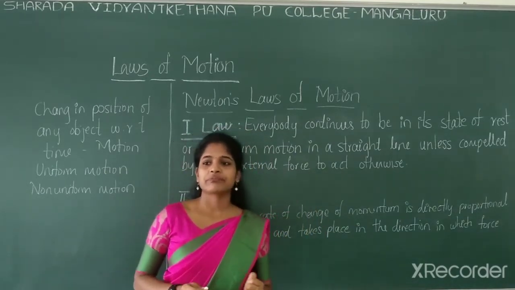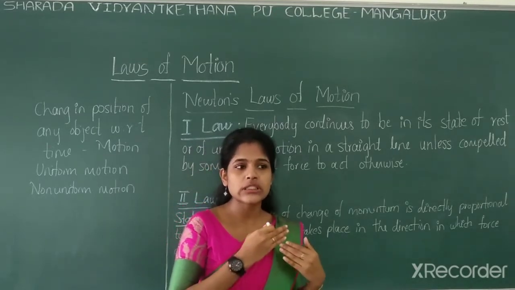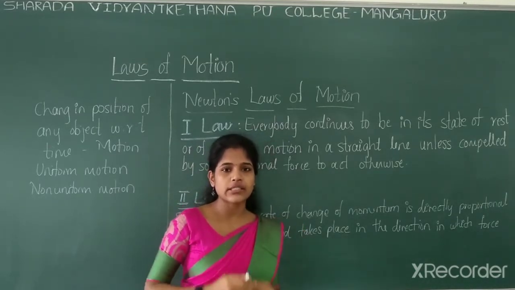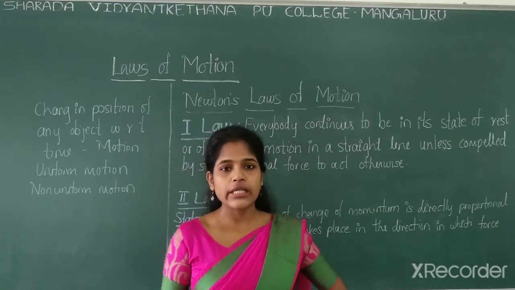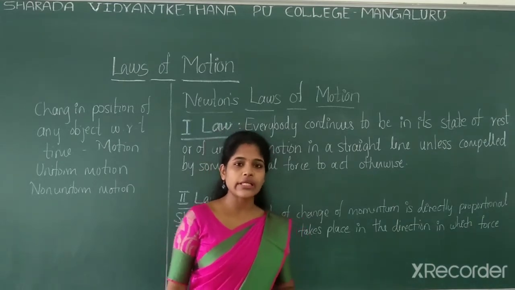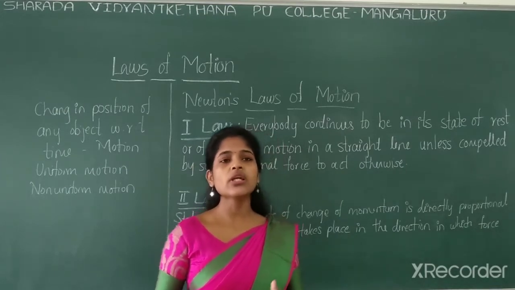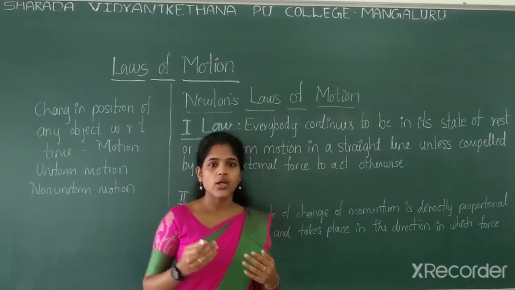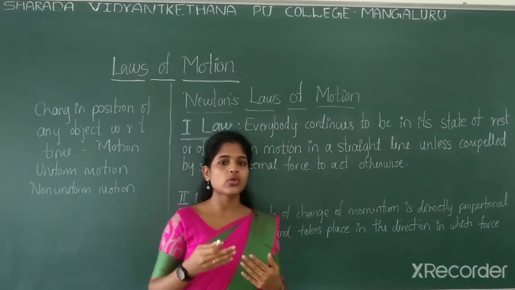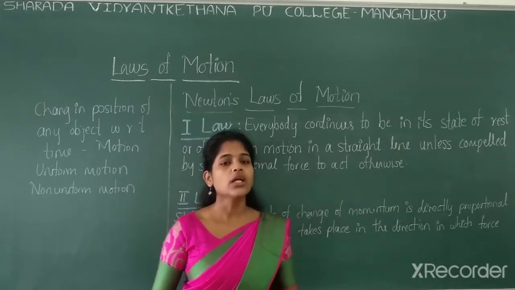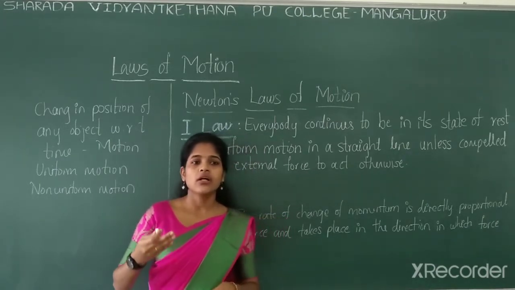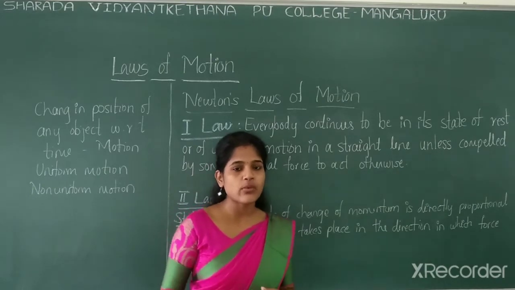For example, if a car moves in a straight road, okay, so the car is covering equal distance in equal intervals of time, so we can tell the car is in uniform motion now. Okay, so with respect to car, we are inside the car. Okay, so with respect to car, we are in rest now. Okay. So when the driver suddenly applies brake, what happens?